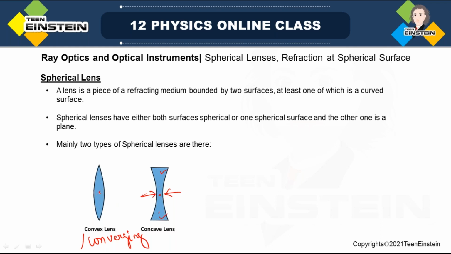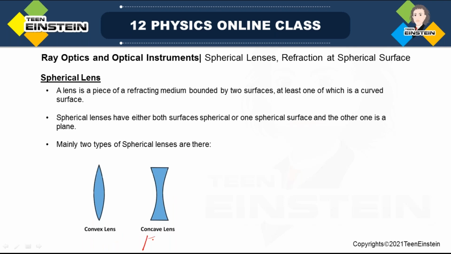There will be a center for the lens, that is called optical center. Then you will have focus, principal focus. Then you have aperture. All those parameters which we have learned for mirrors will be applicable for spherical lenses also. Okay, so apart from these two primitive classes of lenses, we can have various other types of lenses also.